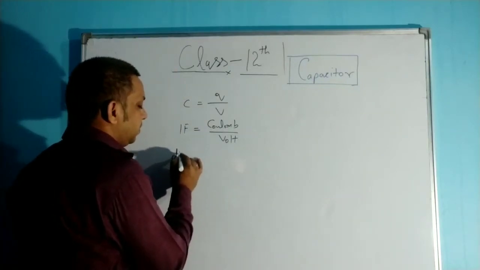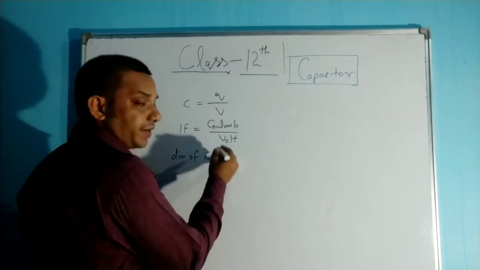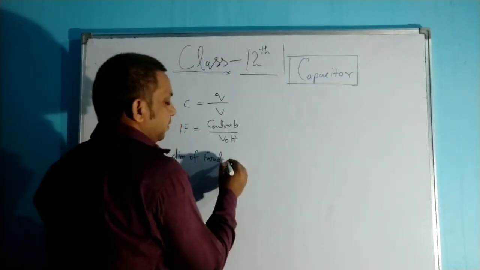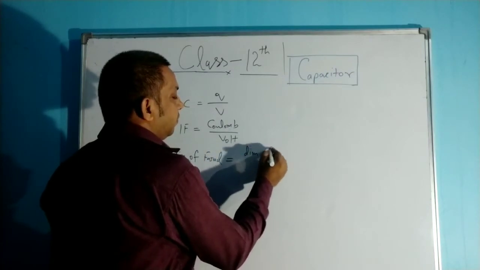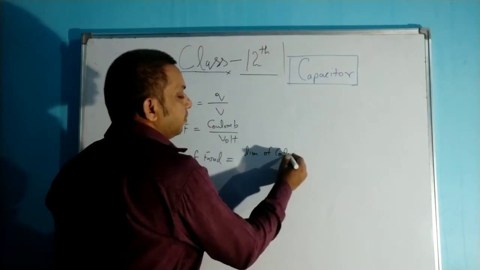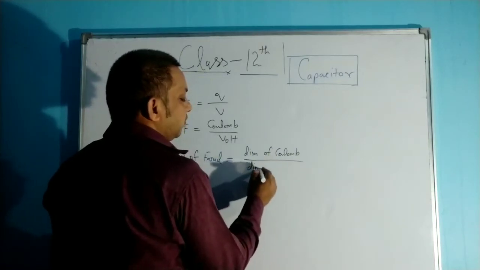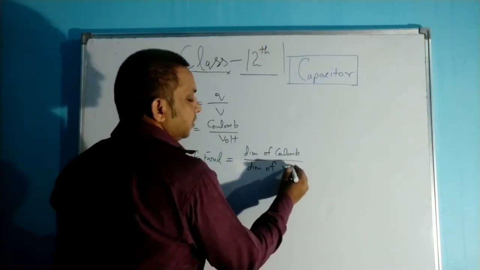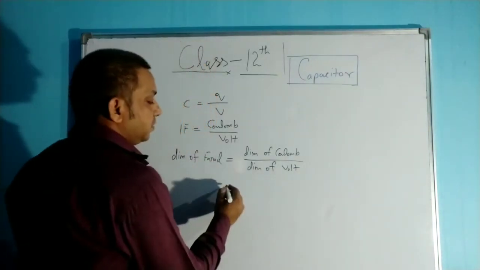So the dimension of farad or capacitance is equal to the dimension of coulomb divided by the dimension of volt. Now just write down the dimensions. So first, the dimension of the coulomb.